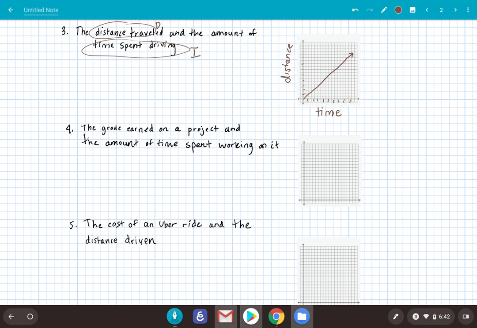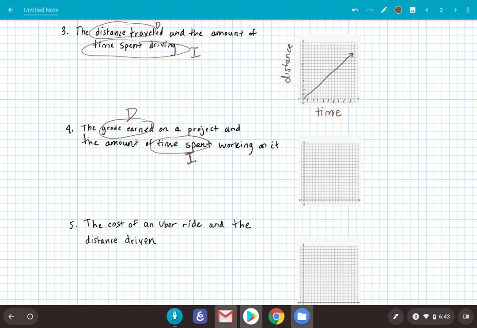For number 4, we've got two different quantities. We've got the grade earned on a project, and we've got the amount of time spent working on it. So your grade is going to depend on the time spent working. If you spent 5 minutes working on your project, your grade's probably going to be a lot different than somebody who spent 5 hours on their project, for example.